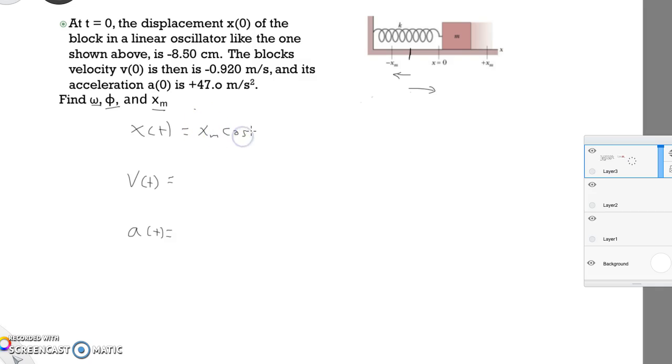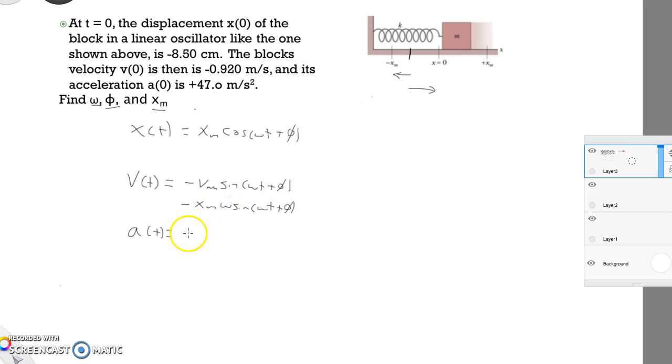We don't know these values, but we know the structure of these. Okay, the velocity is negative v sub m sine omega t plus phi, which is also negative x sub m times omega times sine omega t plus phi.